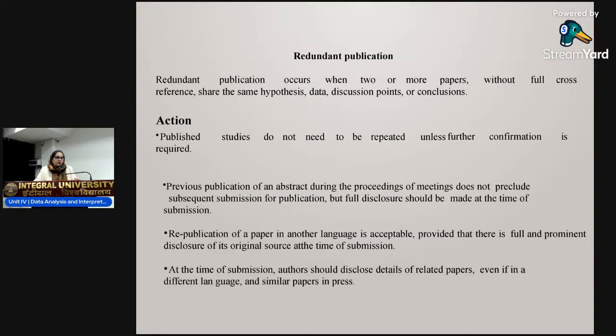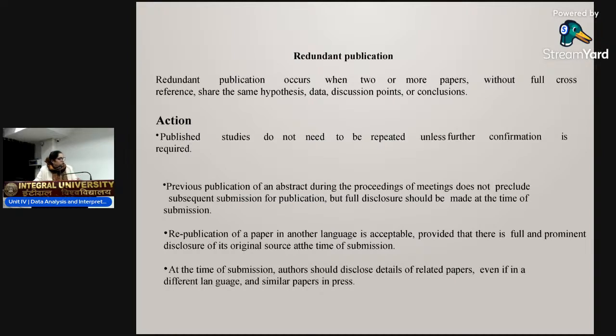Okay, even in conferences, when you present, it's a good practice not to report totally published data, because in a conference you want feedback for your work. You want some validation. You're seeking validation. So if the work is already published, there's no need to present it in the conference.